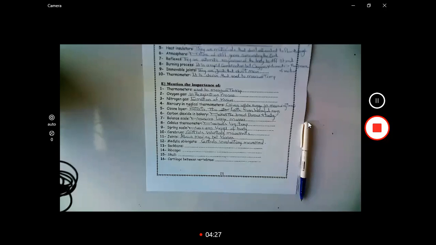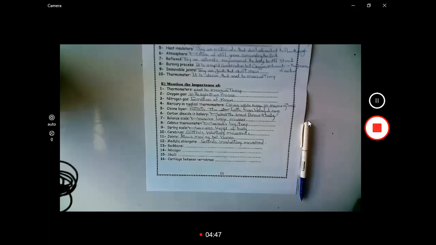The spring scale is used to measure the weight of the object or of the body. Cerebellum controls voluntary movement.